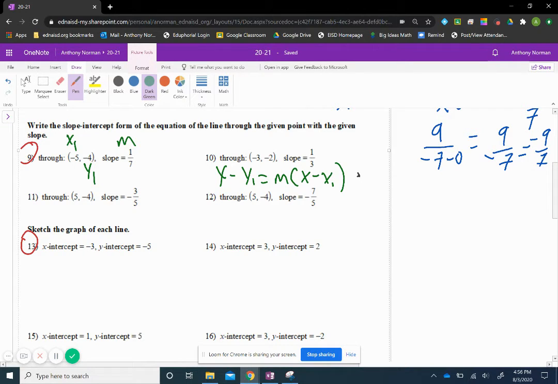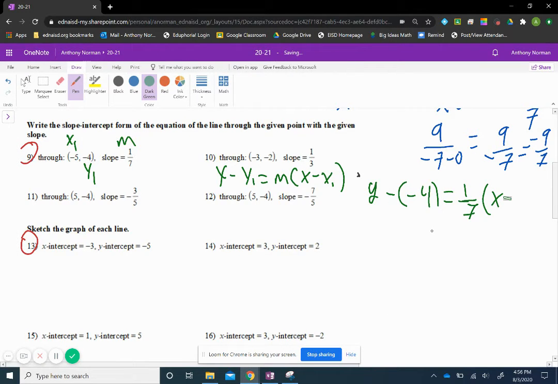So we'll just plug this in and then solve for y to get it into slope-intercept form. So y minus negative 4 is equal to 1 over 7 times x minus a negative 5.